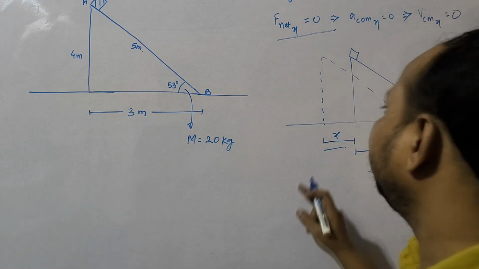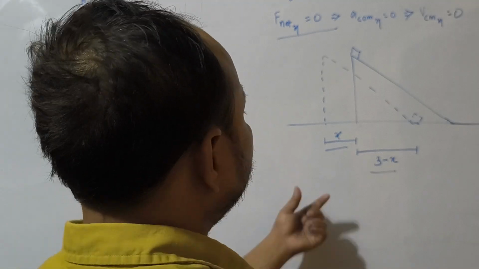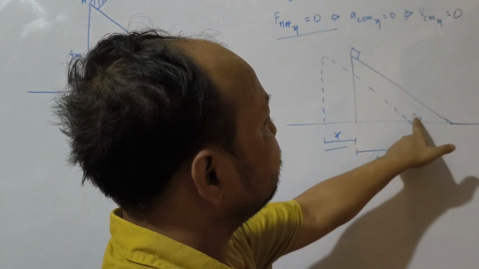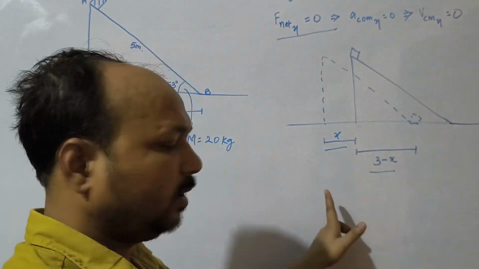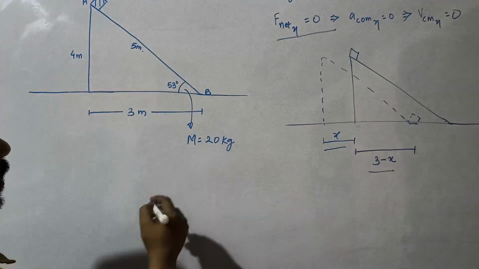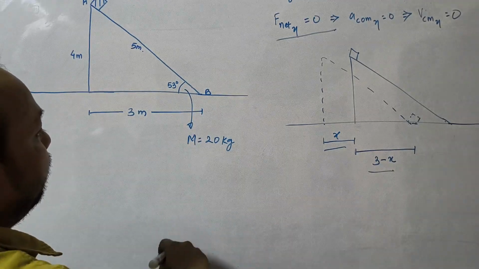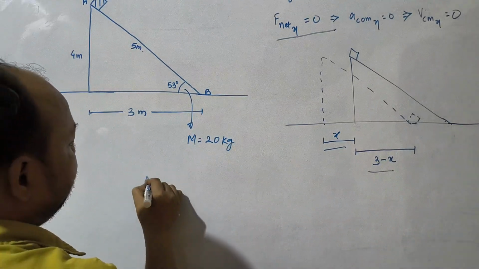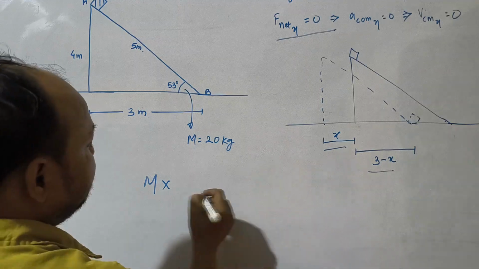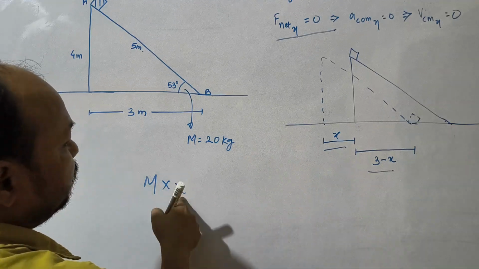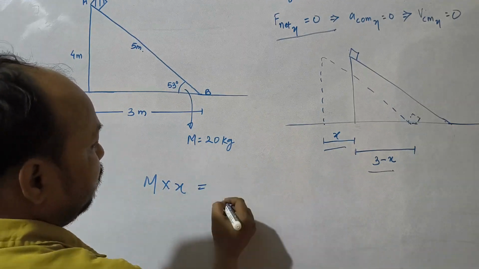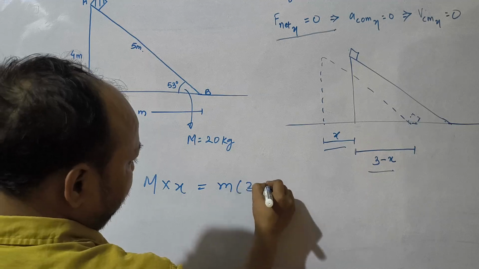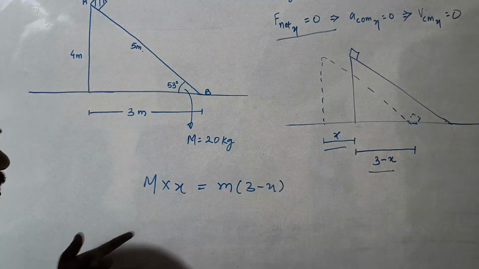From this we can conclude: mass of wedge into x is equal to mass of block into 3 minus x. Simple, just putting the value.